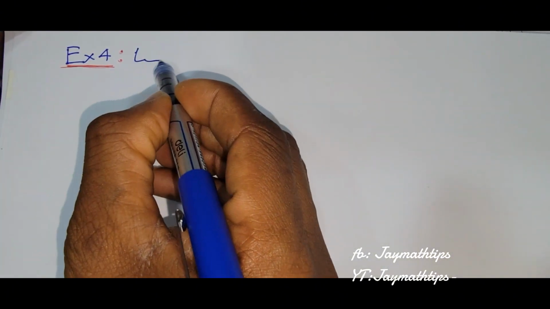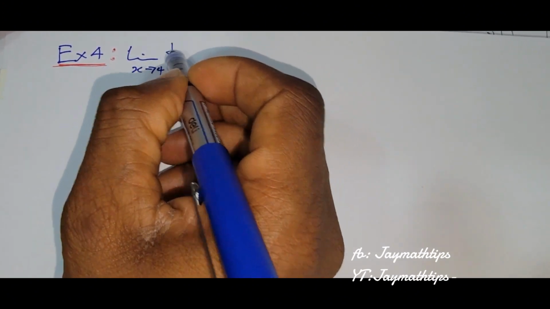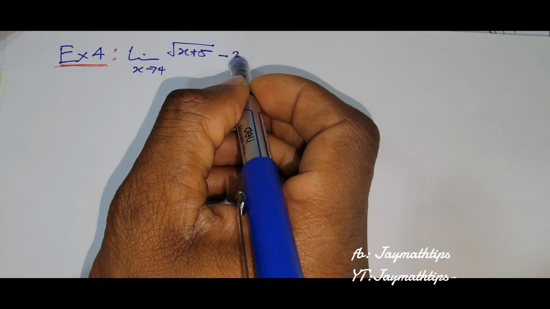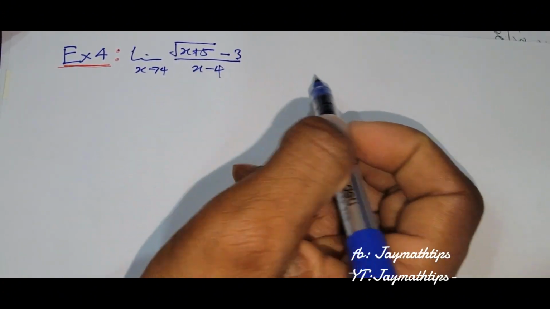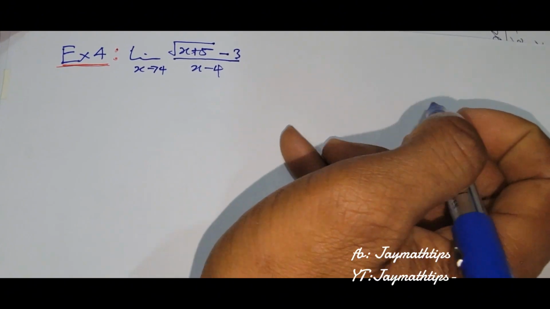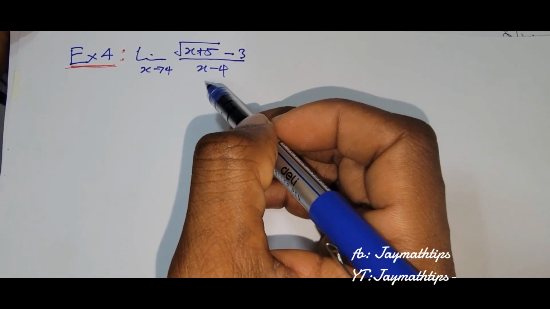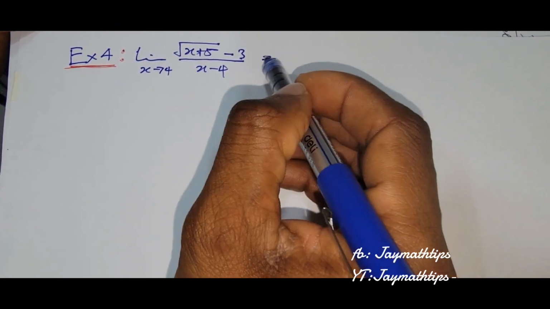Here is another challenge. You want to find the limit as x approaches 4 of the square root of x plus 5 minus 3 divided by x minus 4. Before we continue, I want to plug in these values here and find out something.